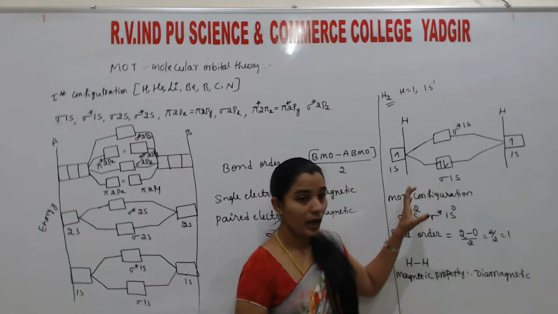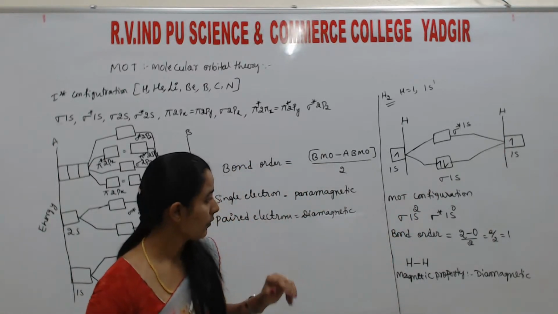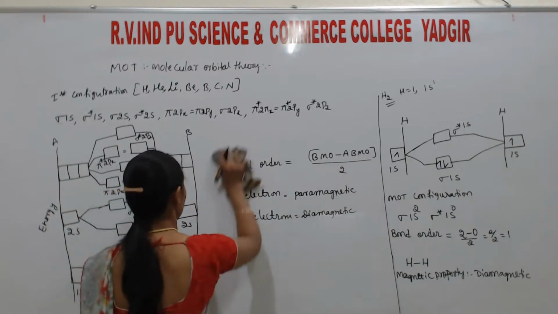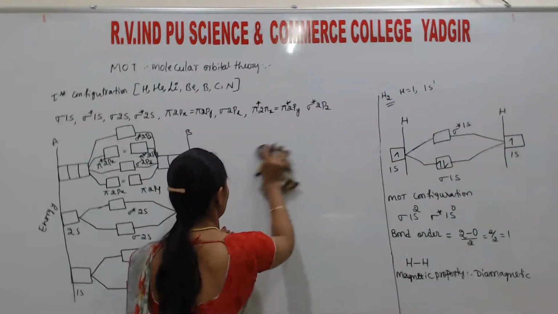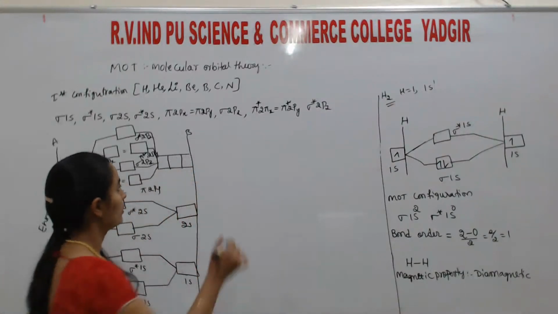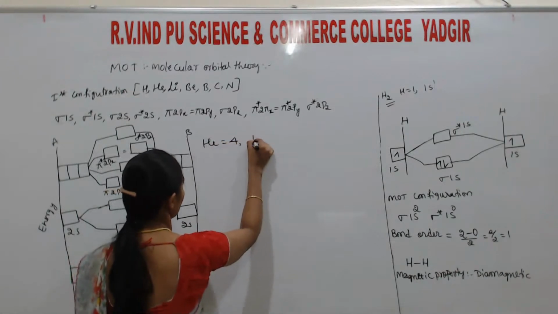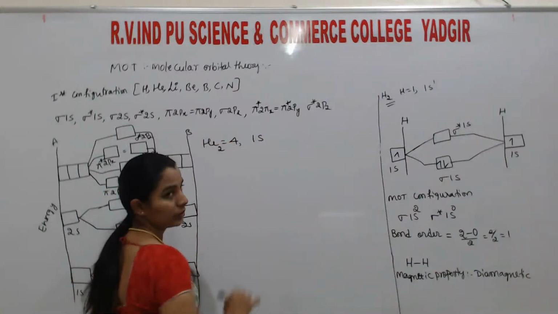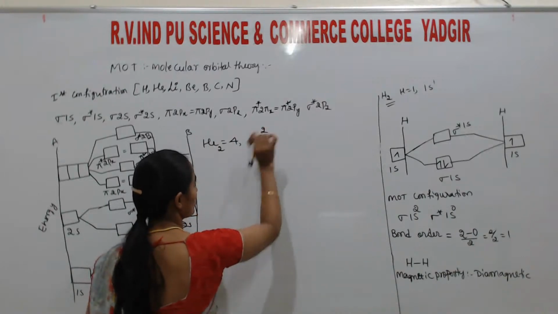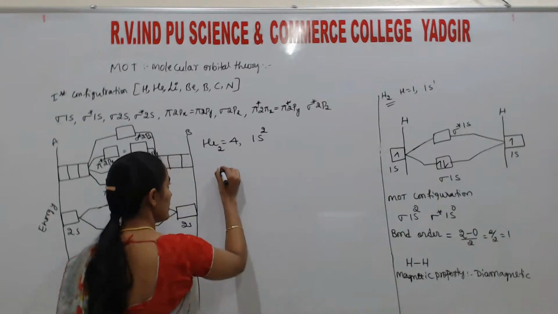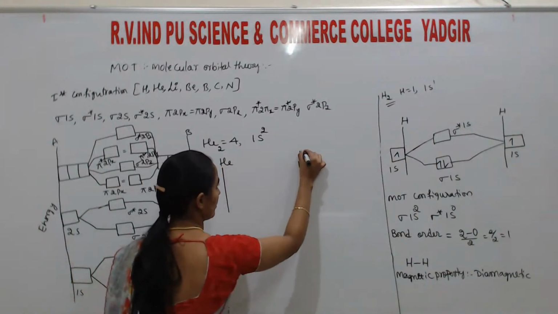Okay, this is the hydrogen molecule. Similarly, if you consider helium, the helium atomic number is 2. Configuration of helium is 1s2. Here one helium is here, another helium is here.